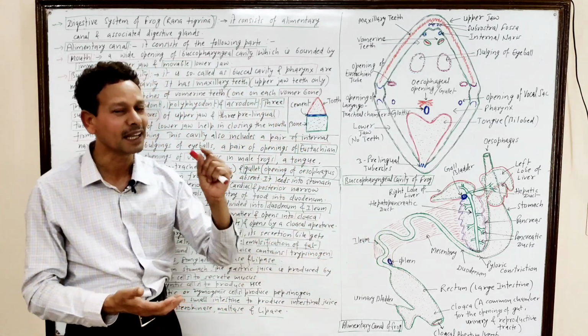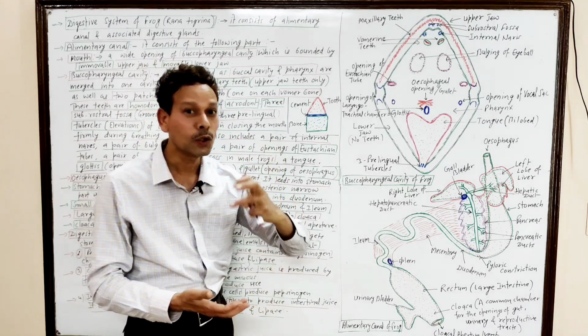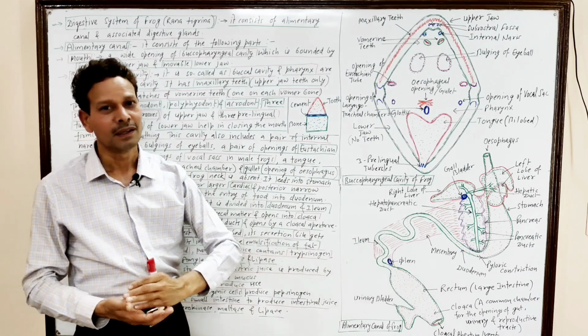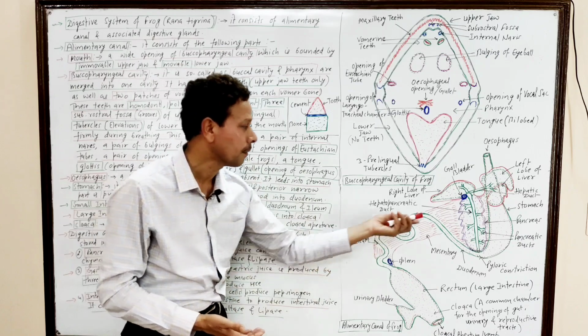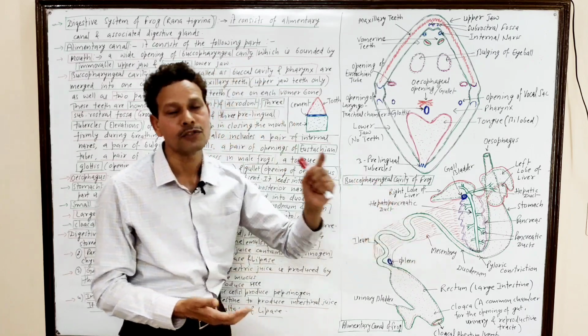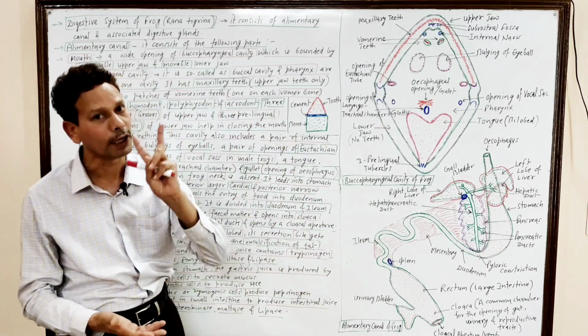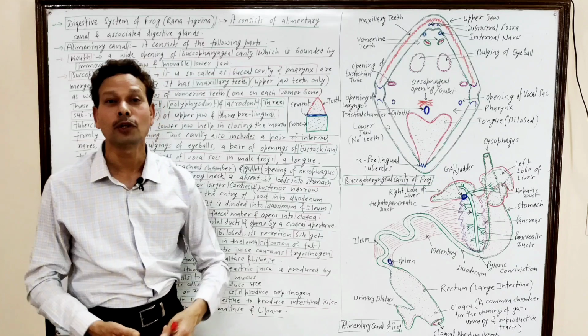It means in the frog's small intestine there is no jejunum, while in human beings the small intestine has three parts: the upper part is duodenum, the middle part is jejunum, and the lower part is ileum. But in the frog, there are only two parts, the upper duodenum and the lower ileum, no jejunum.